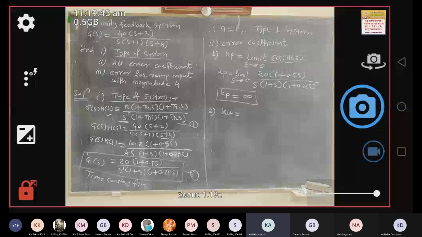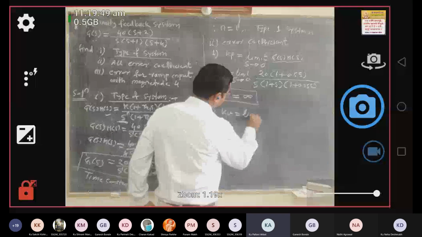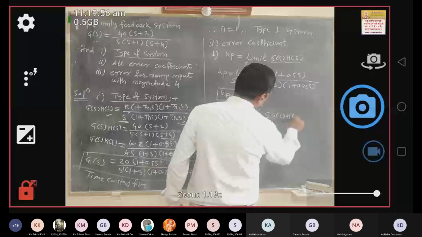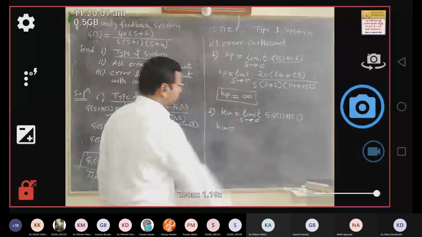Limit s tends to 0, s into G of s into H of s. Right. So substitute the value and tell me the value of Kv.